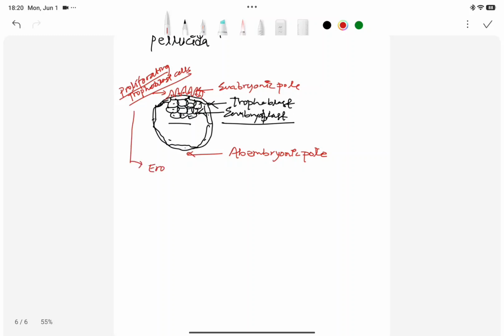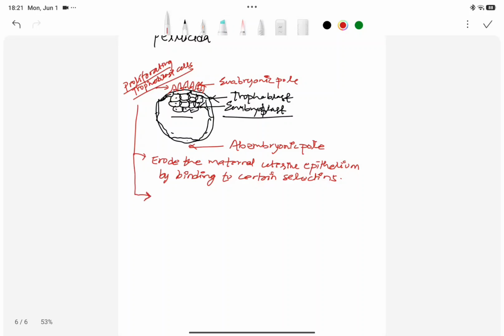the maternal uterine epithelium by binding to certain selectins, and it will help in anchoring the blastocyst to the uterine wall and help in the implantation of the blastocyst.